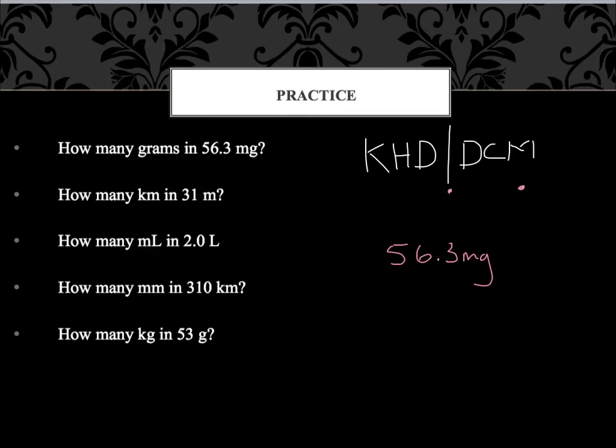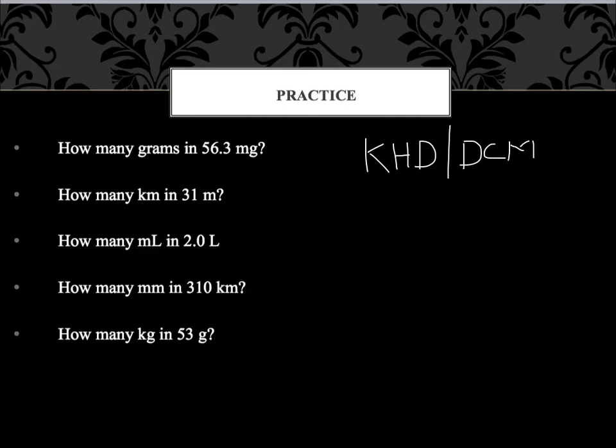Okay, so to get from point A to point B, we're going to have to go over 1, 2, 3 places to the left. So that means we take our little decimal right here, and we go 1, 2, 3 places to the left. Okay, and there's that little space now between the decimal and the 5, so we fill that blank in with a 0. So that means in 56.3 milligrams, there is 0.0563 grams.